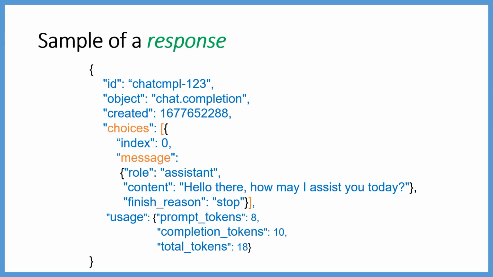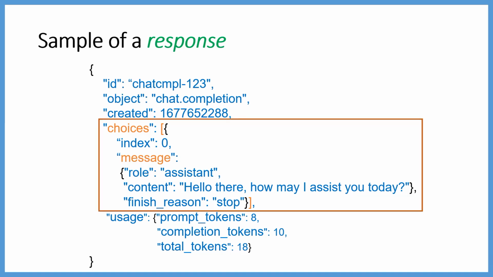It returns a unique ID, which model the response is returning from, and the creation time of this message. The fun part of a response is the following two fields: choices and usage. The choices is actually an array. It contains three fields: the index of this message, the message object itself, and how this response is finished.